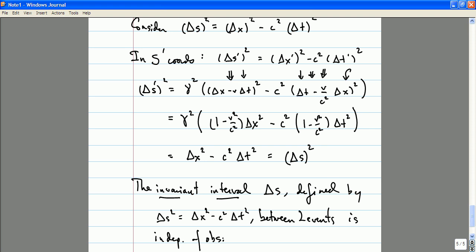Any observer could measure the spatial and time separations between those two events. Delta x and delta t themselves will depend on the choice of observer, but the combination delta s will not.